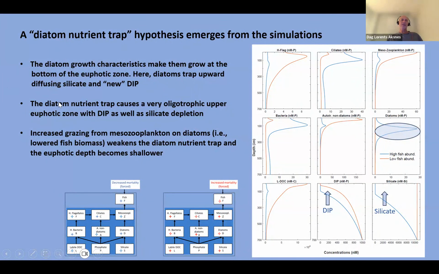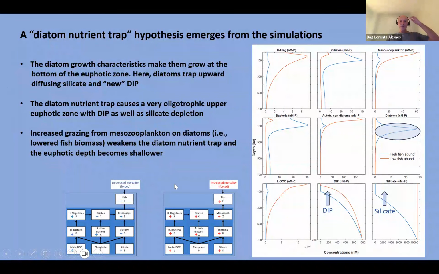So the diatom nutrient trap down here makes a very oligotrophic upper euphotic zone with DIP, or dissolved inorganic phosphorus, as well as silicate depletion, which we see here.